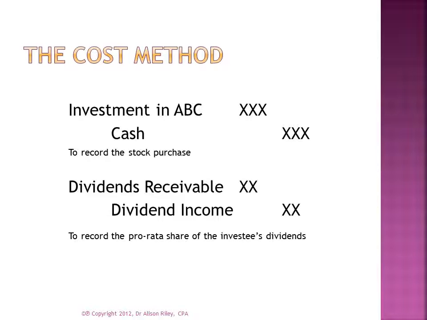Assume the investor owns 10% of the investee's outstanding stock, then the investor will receive 10% of the investee's dividend payout. At the point at which the investee declares a dividend, you may remember that a legal liability is created. Accordingly, the investor records its pro rata share of the dividend as a receivable, and this is illustrated in the second journal entry.